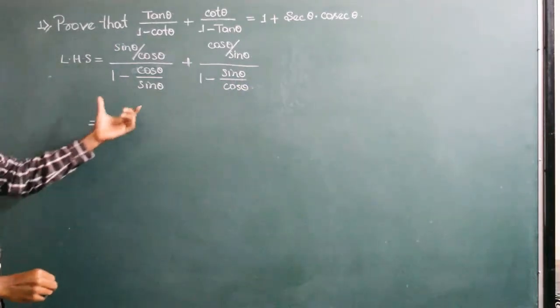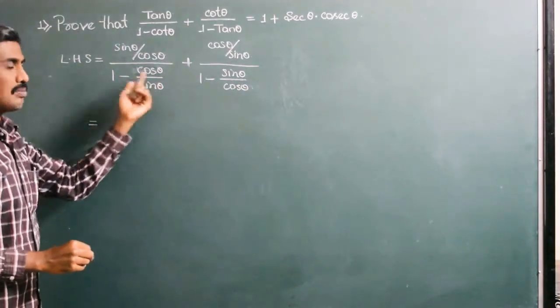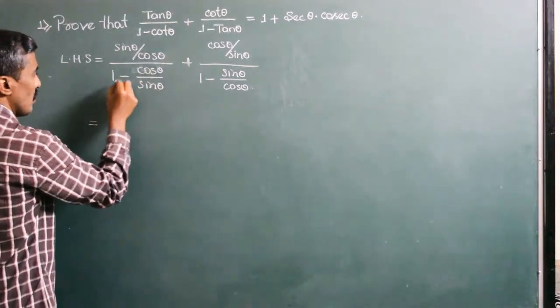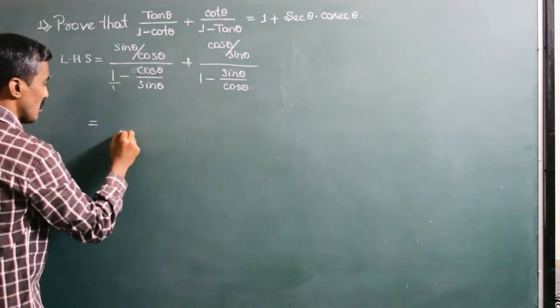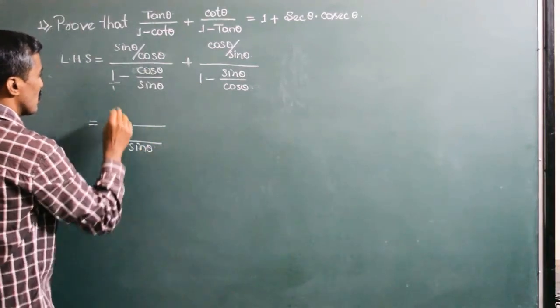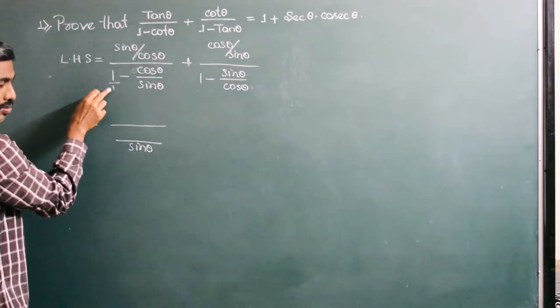Now simplify the denominator part, 1 minus cos theta by sin theta. So here you have to find the LCM for 1 and sin theta. LCM is sin theta, so then you have to multiply 1 by sin theta.